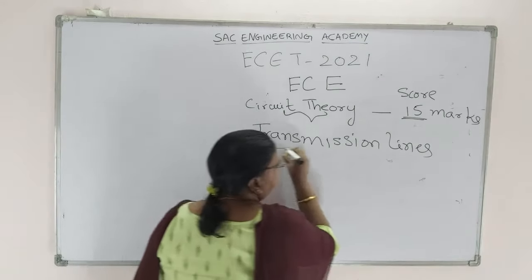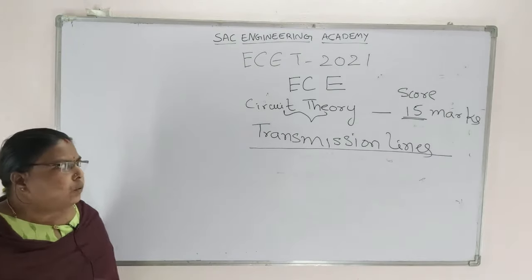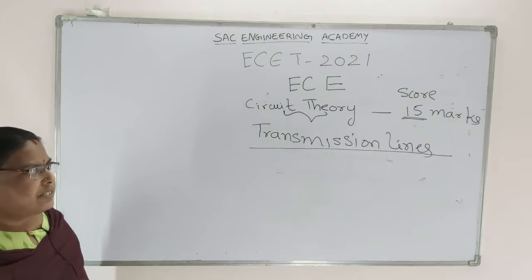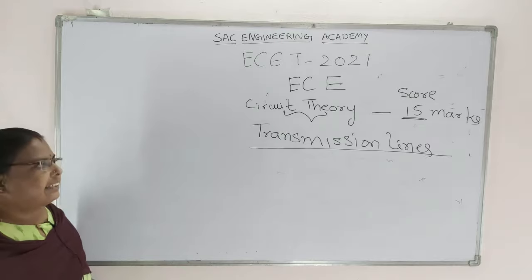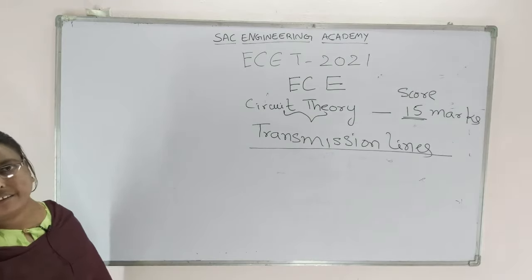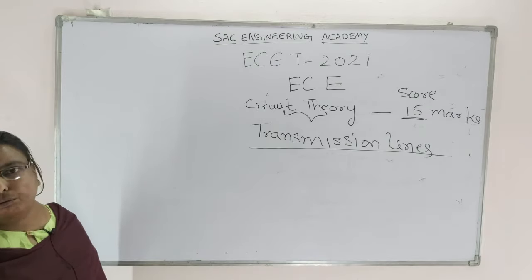Transmission lines. What is the transmission line? Transmission line is the wire which transfers the electric signal or electromagnetic waves from one point to another, from transmitter to receiver.